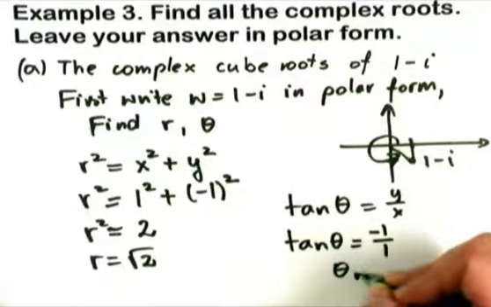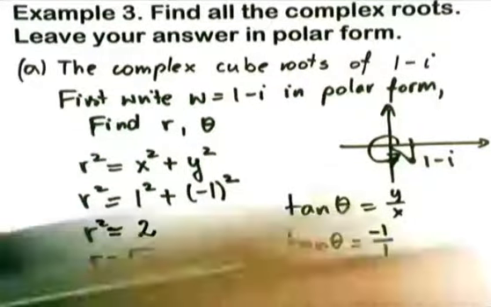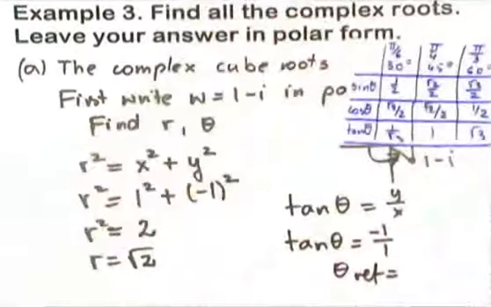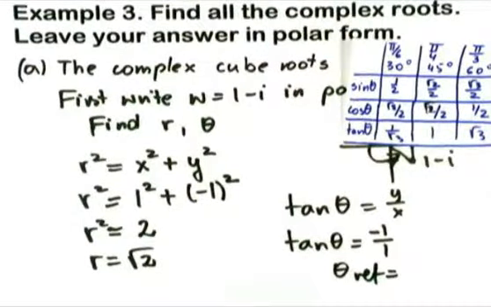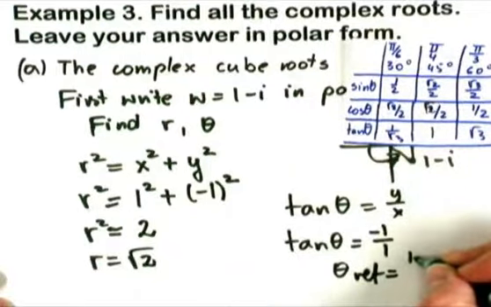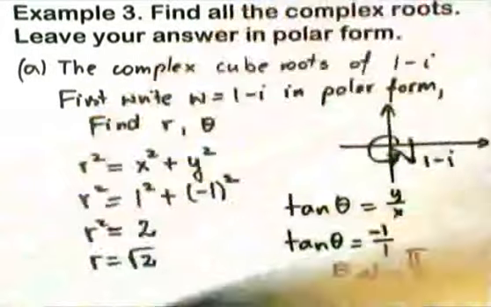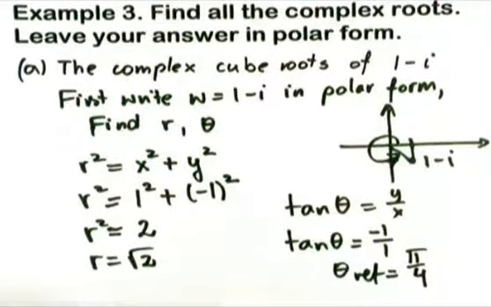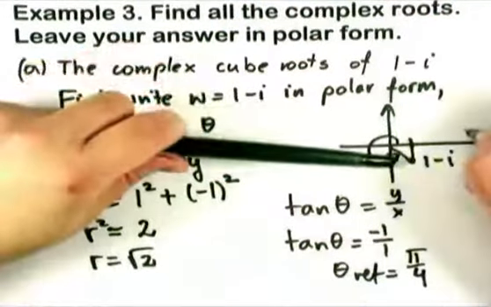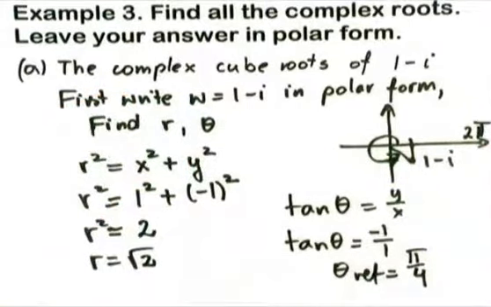So theta reference from my chart, where tangent is 1, in that case is negative, but we're going with positive 1, is pi over 4. So now we need to write this angle. This angle is whole 2 pi. 2 pi in terms of 4 is 8/4 pi.